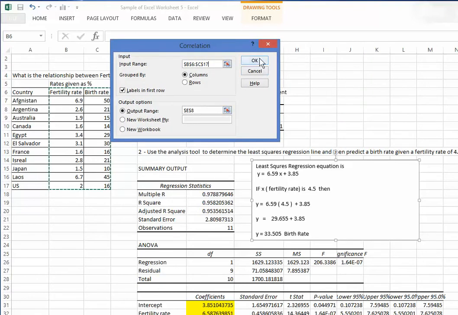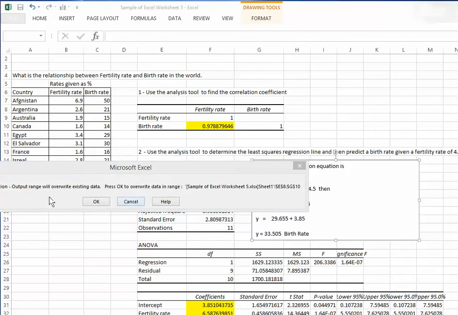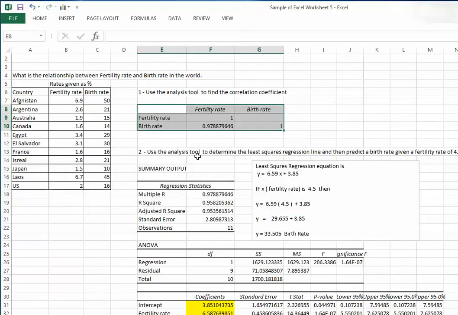When I click OK, you probably will get this message, output range overwrite, you can say yes, and it will overwrite it. Now, these are the numbers that represent the correlation coefficients between the various different factors. In this case, obviously, fertility to fertility is a 1.